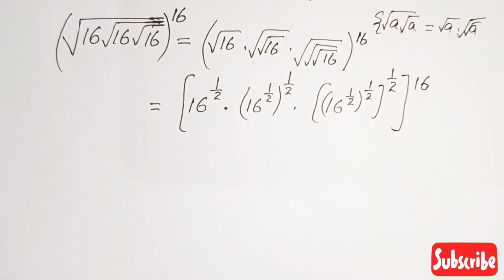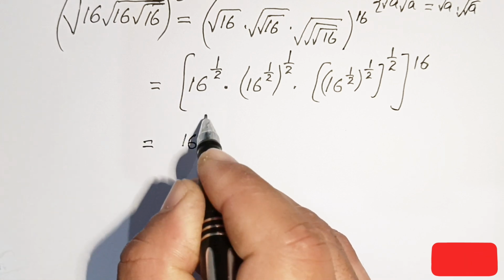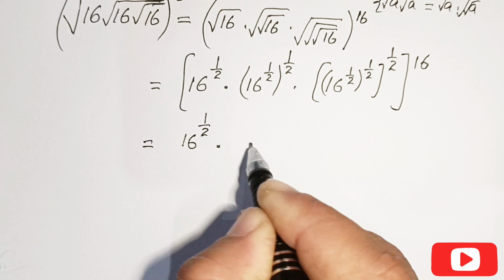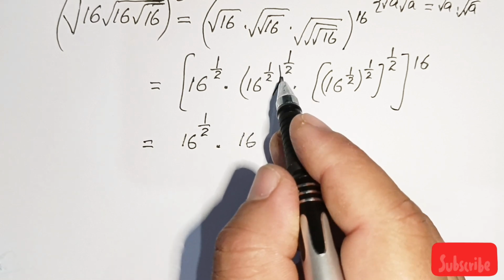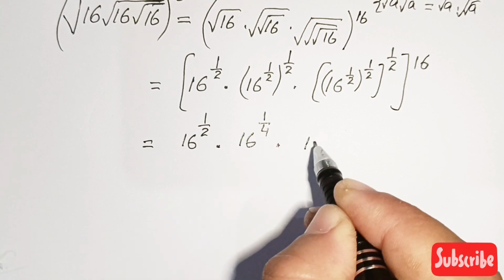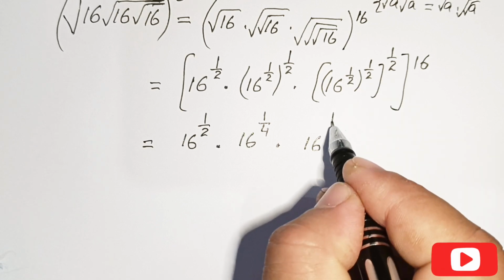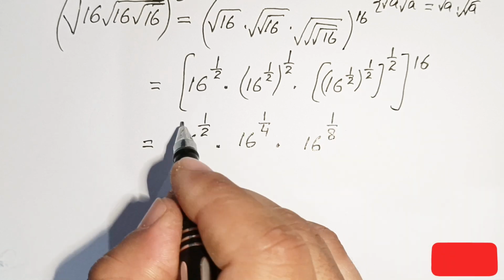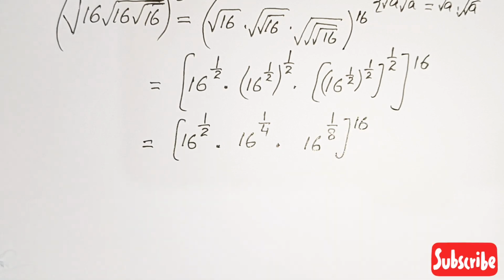Now our next step will be 16 to the power 1 over 2 times 16 to the power 1 over 4, since 2 times 2 is 4, times 16 to the power, 2 times 2 is 4, times 2 is 8, so 1 over 8, and whole to the power 16.